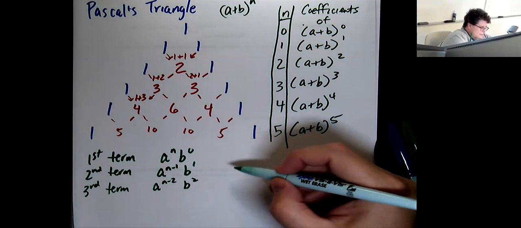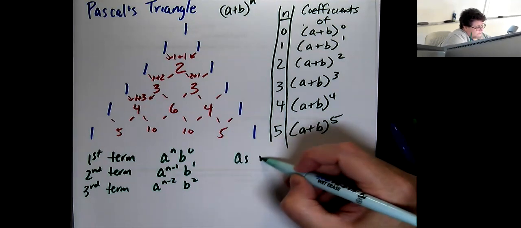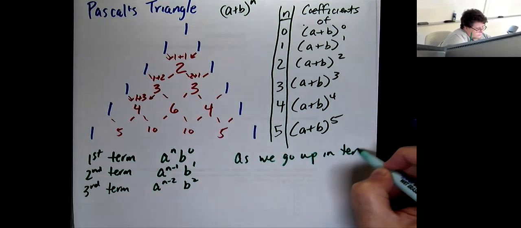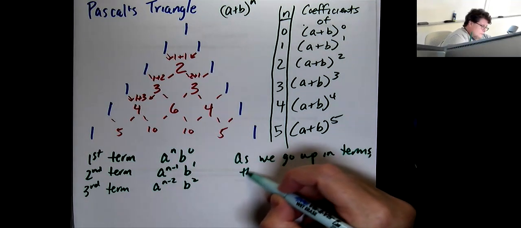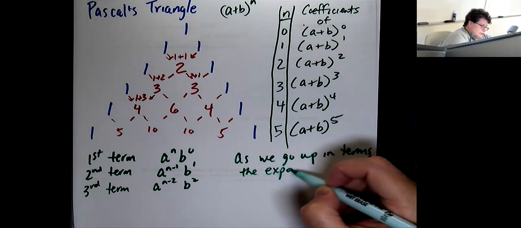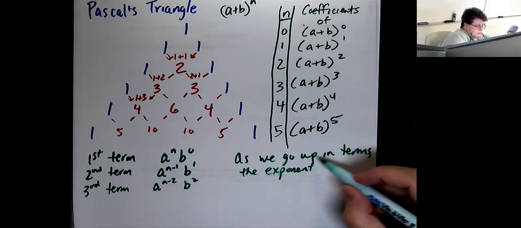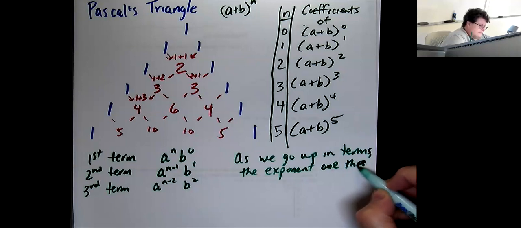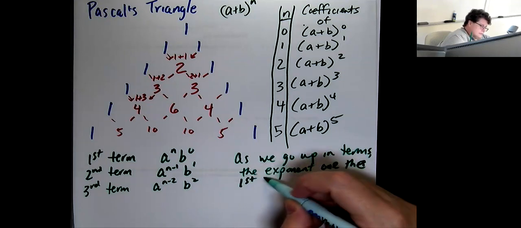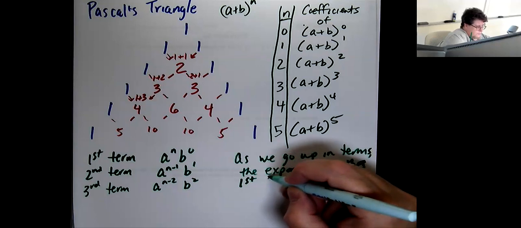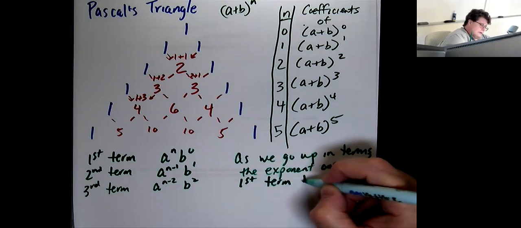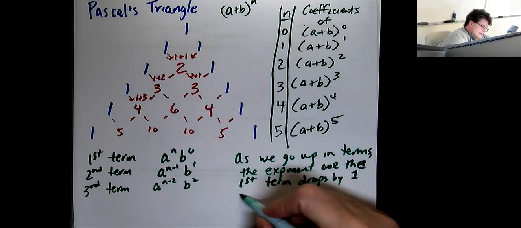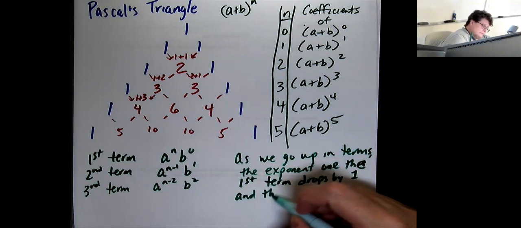As we go up in terms, the exponent on the first one drops by 1, and the exponent on the second one increases by 1.